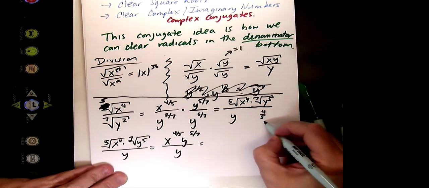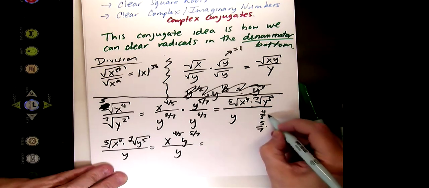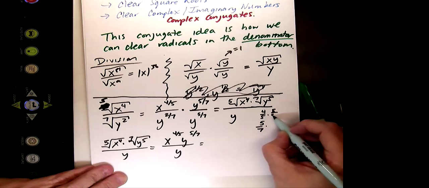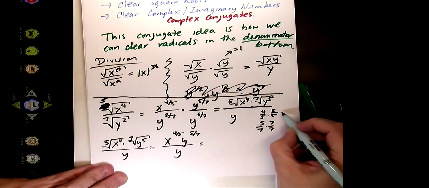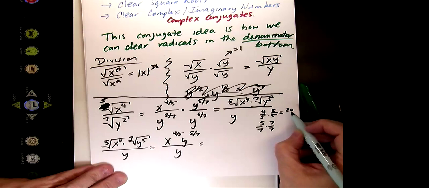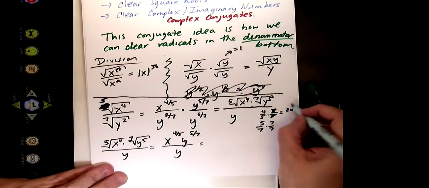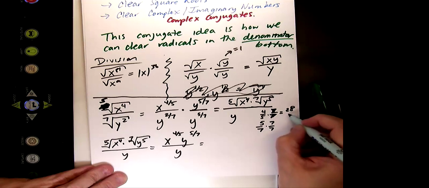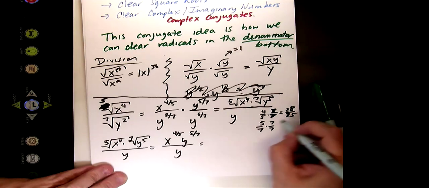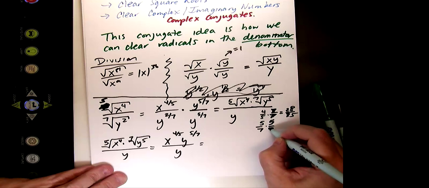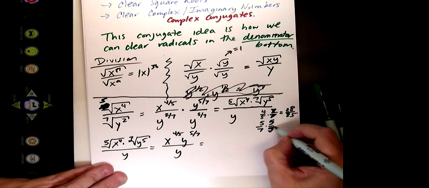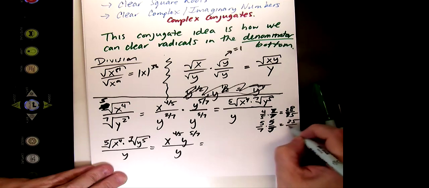4/5 and 5/7, to get a common denominator, multiply by the other denominator. This is 28 over 35, and this will be 25 over 35.